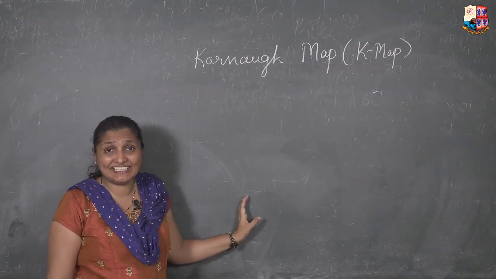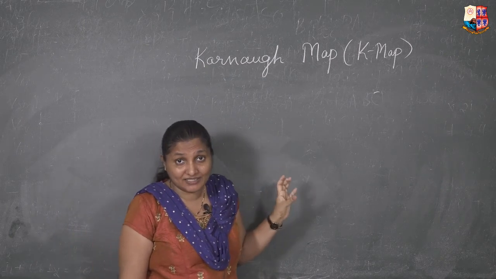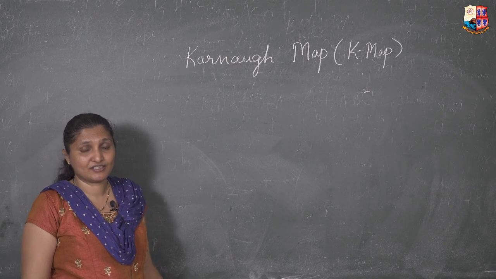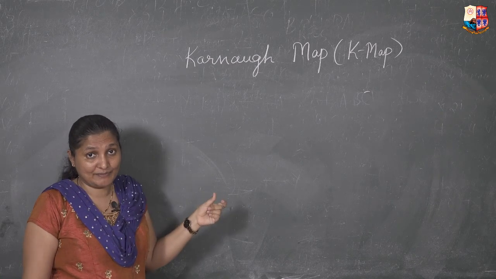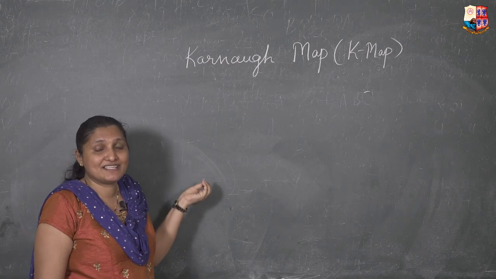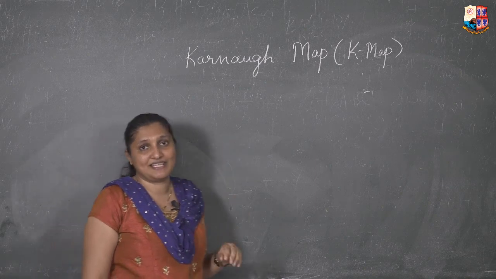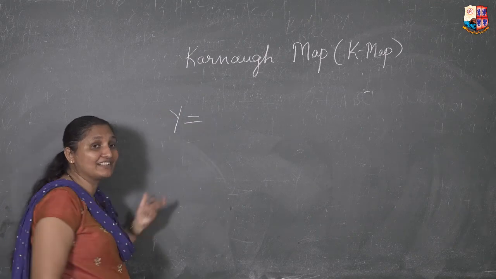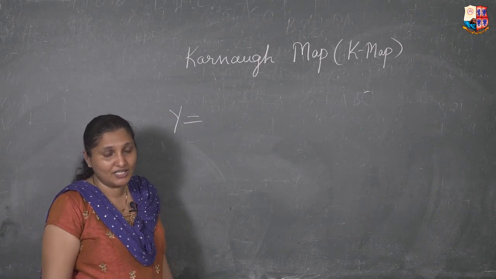K-map is basically a graphical method used to simplify Boolean equations. We know any variable in an equation is represented using the alphabets A, B, C, D, and the output function is written in terms of the literals or variables.